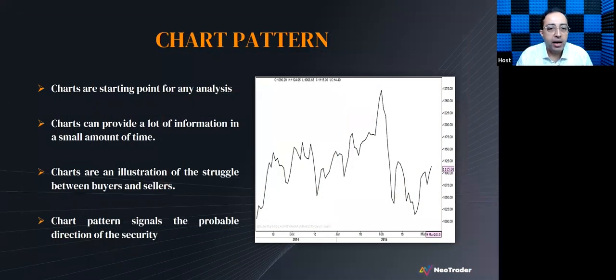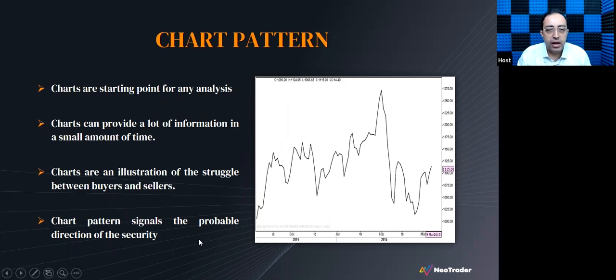To understand chart patterns, you need to know what the trend is, which is ongoing, and when you see the trend, you will get an idea of what kind of pattern is developing and what direction the prices could take. Now, having said that, there are two types of pattern.